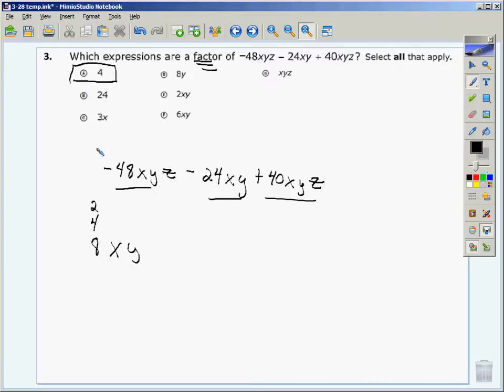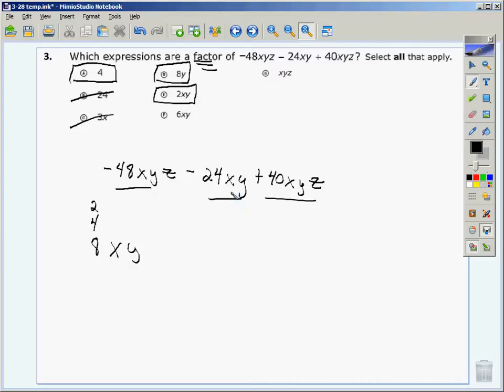Yes, 4 is a factor. Is 3x a factor? No. Is 24 a factor? No. Is 8y a factor? Yes. Is 2xy a factor? Yes. Is 6xy a factor? No.